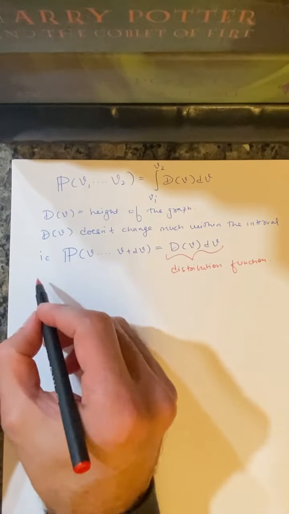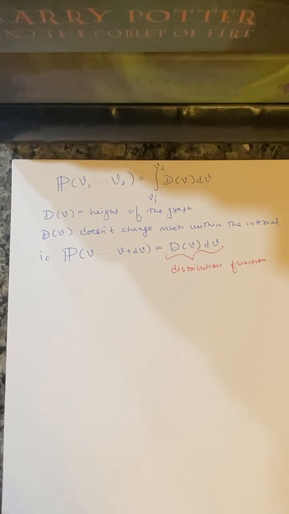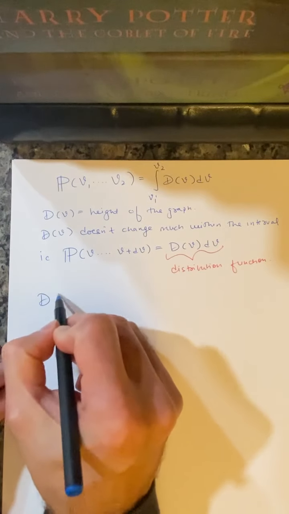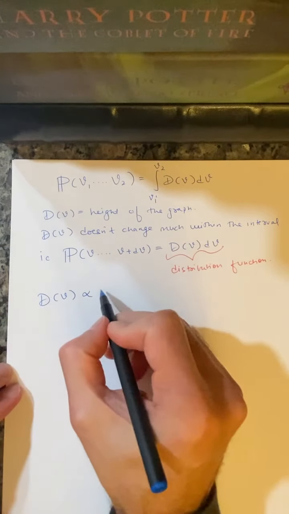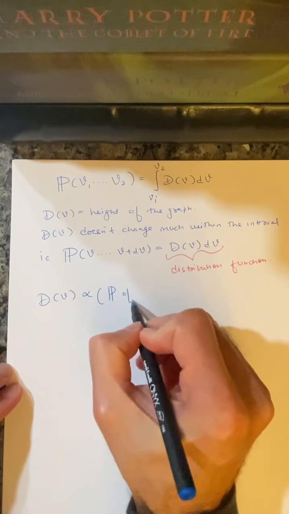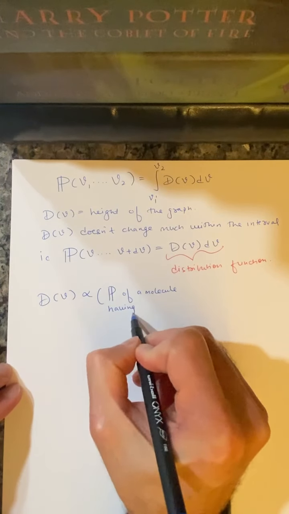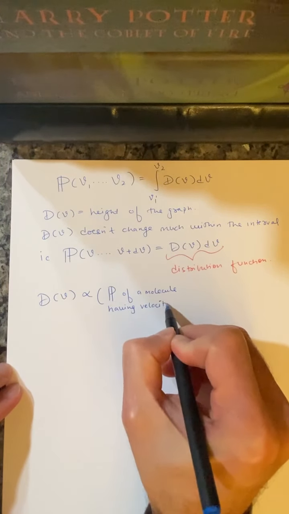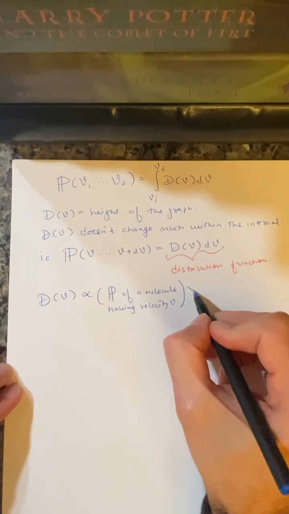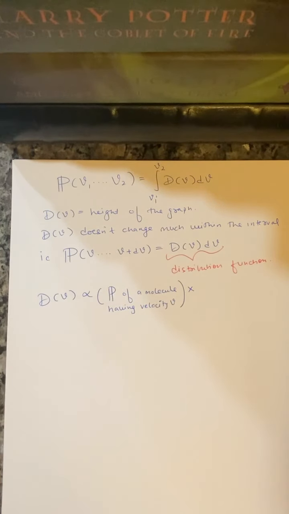Let me put this down as how to find f(v). f(v) is proportional to the probability of a molecule having a velocity v, multiplied by, and think about this, there are many possibilities. We want to derive a formula for this f(v), and we need the Boltzmann factor. Why?